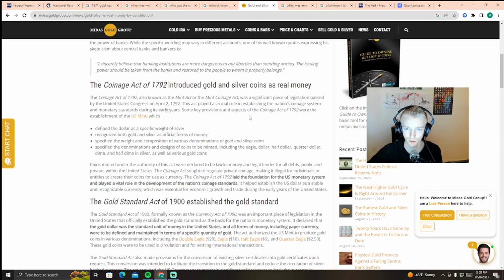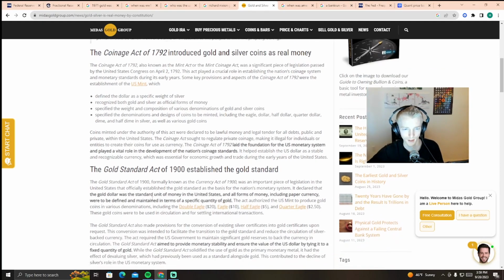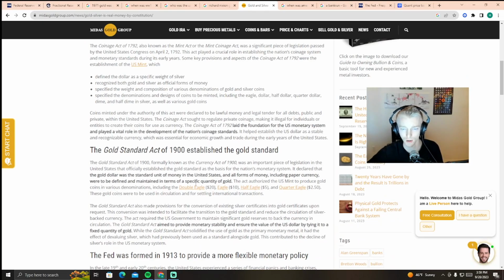The act played a crucial role in establishing the nation's coinage system and monetary standards during its early years. Some key provisions and aspects of the Coinage Act of 1792 were to establish the U.S. Mint, right? They were just trying to get this off the ground, get it going. But as you guys know, this obviously did not last because now we are in a completely new system.